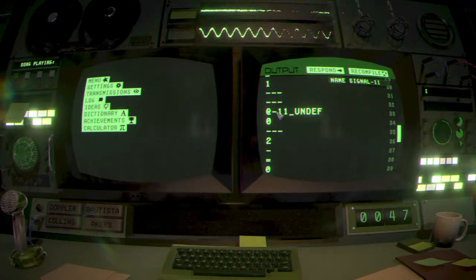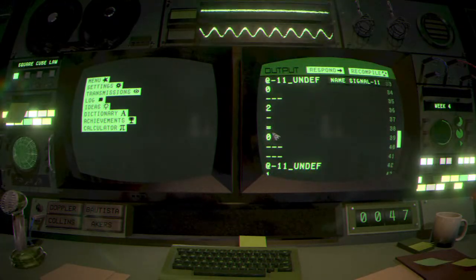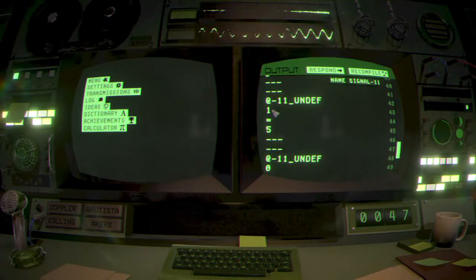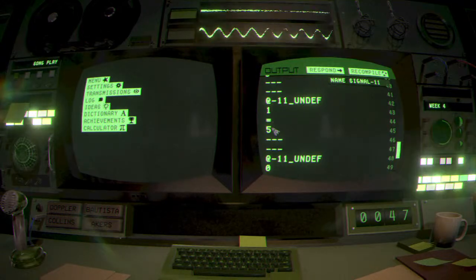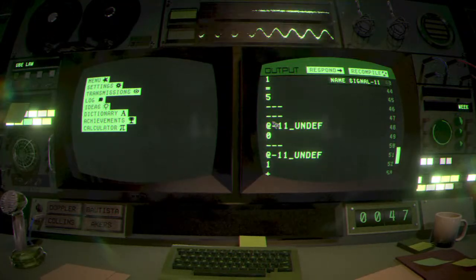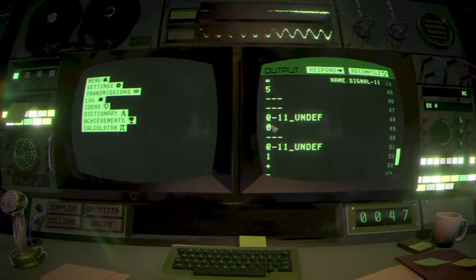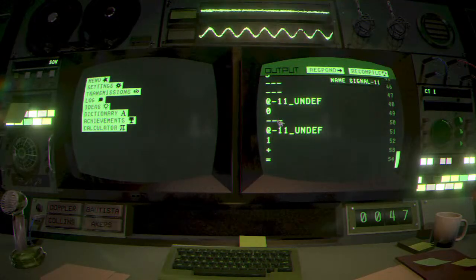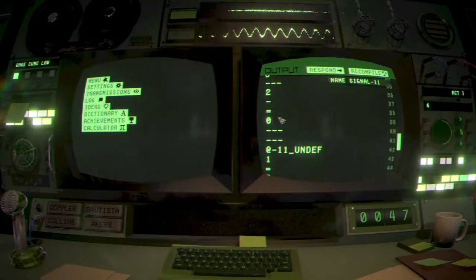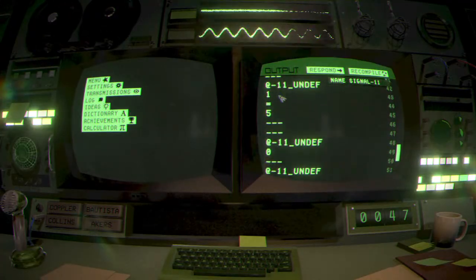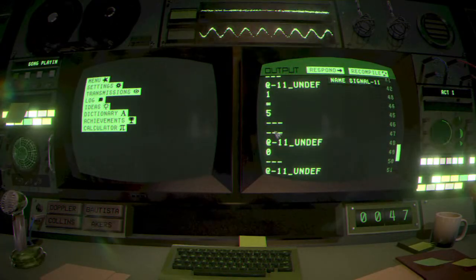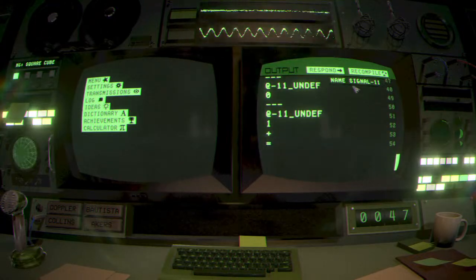New symbol 0 with 2 subtracted equals 0. New symbol 1 equals 5. Is this a variable? New symbol 0. Wait, no. Wait, yes. Wait, new symbol 0 is 2. New symbol 1 is 5. So 2 plus 5 is 7.